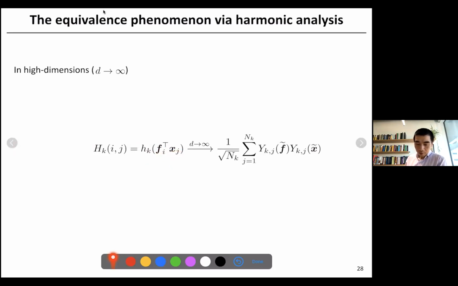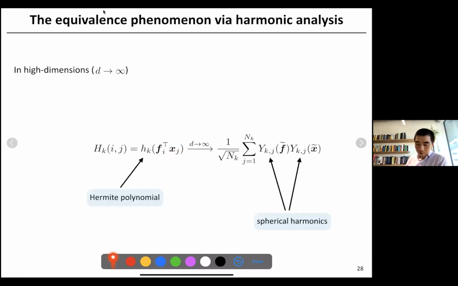Now, in the high dimensional limit, the Hermite polynomial is well approximated by so-called ultraspherical harmonics polynomials, or Gegenbauer polynomials. For Gegenbauer polynomials, we have a very nice expansion formula.